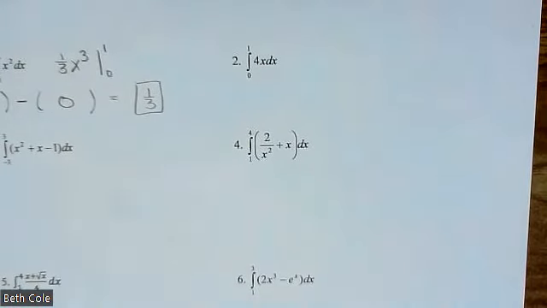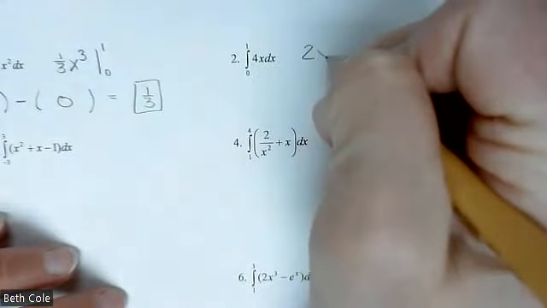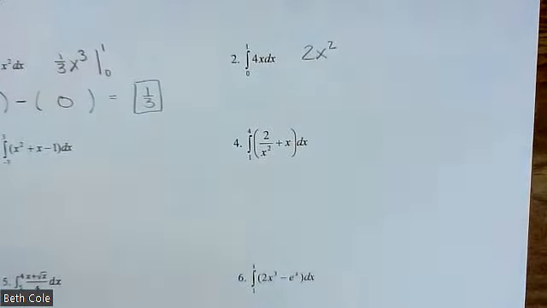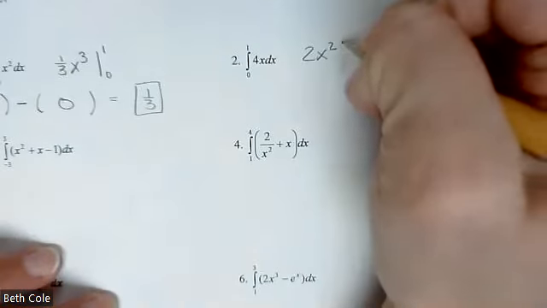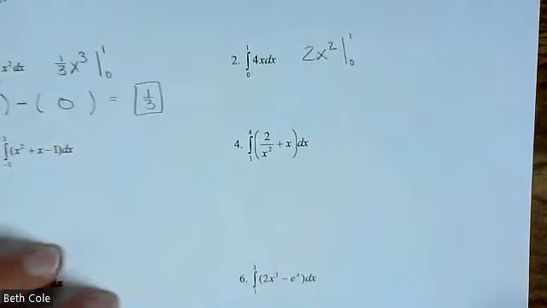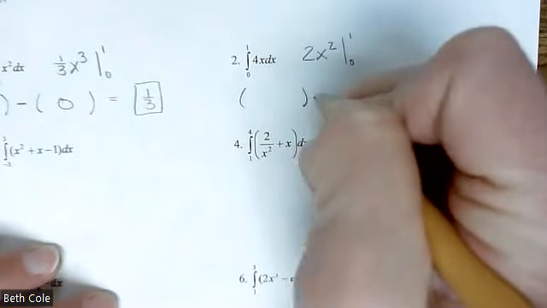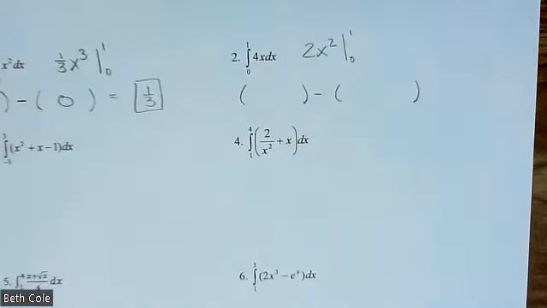4x, what would be your antiderivative for 4x? 2x squared. You're looking for a function that if you did the derivative, you would get 4x. It's an antiderivative. Such that 0 to 1. And then write your parentheses, something minus something. It's upper boundary minus lower boundary. That's another one of those things you're going to hear me say 4 billion times. Upper boundary minus lower boundary.